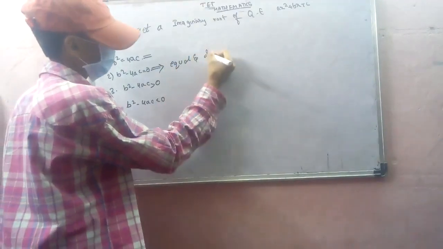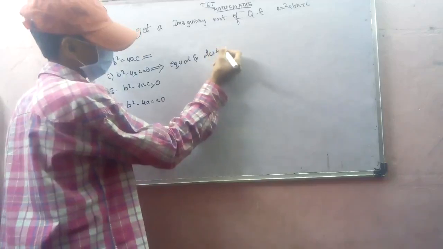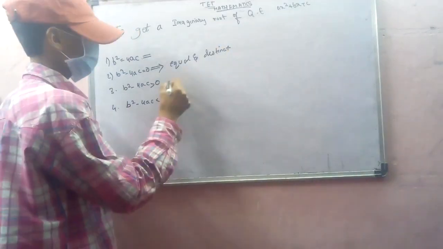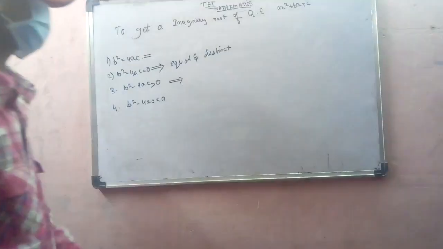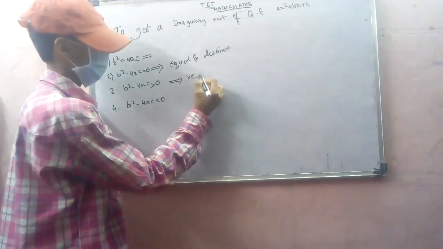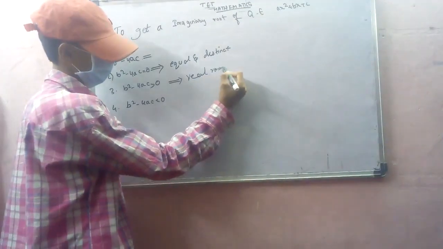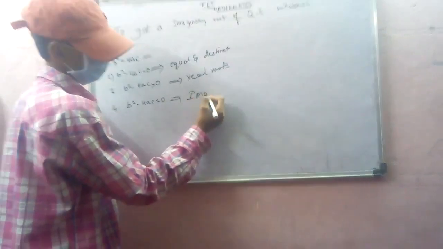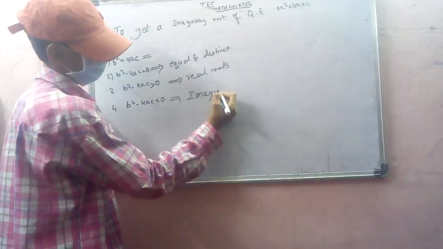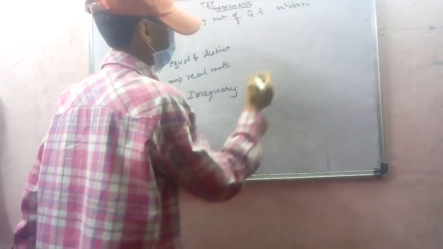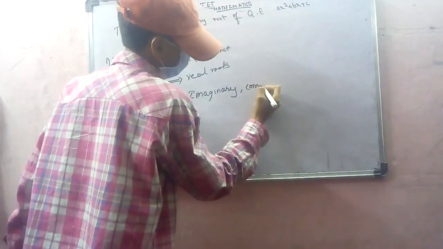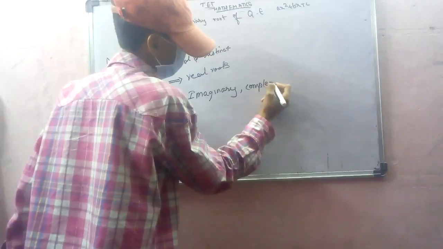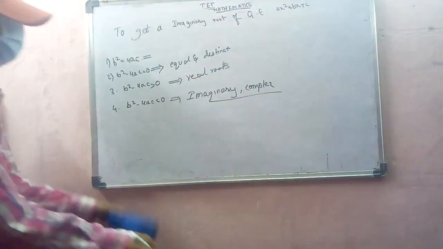And b square minus 4ac greater than 0 means you will get real and distinct roots. If it is less than 0, then you will get imaginary or complex roots. Go and read the quadratic equation chapter. They can ask many questions from this chapter.